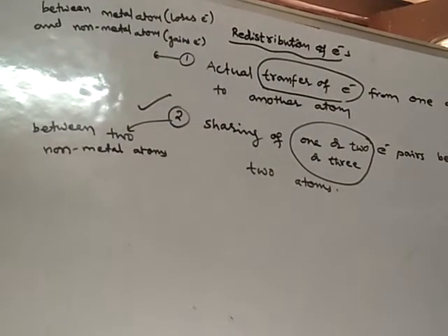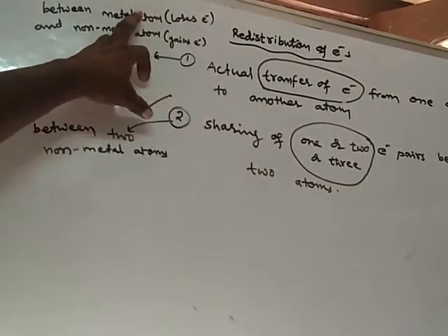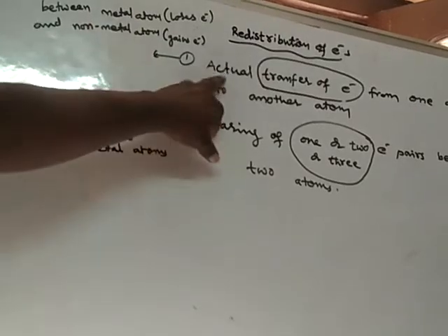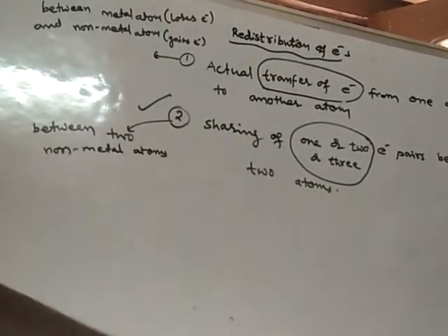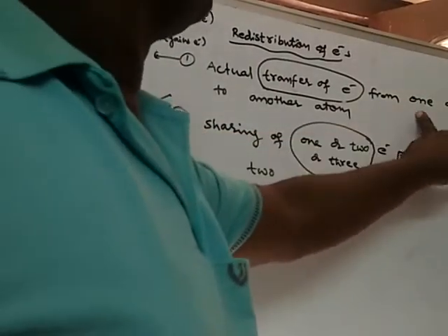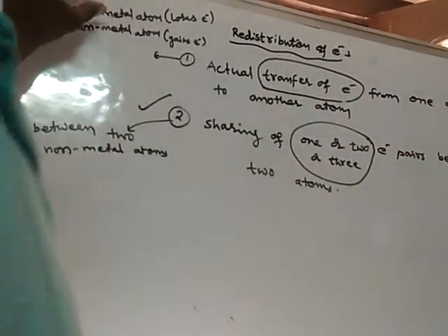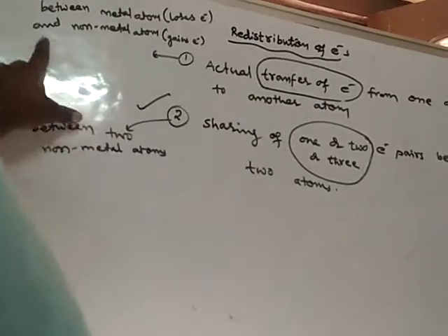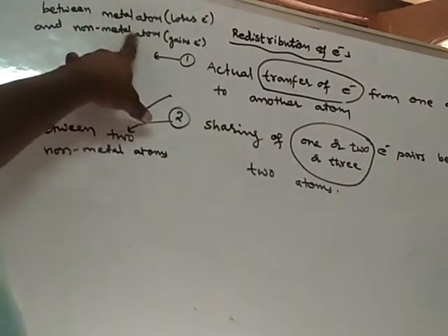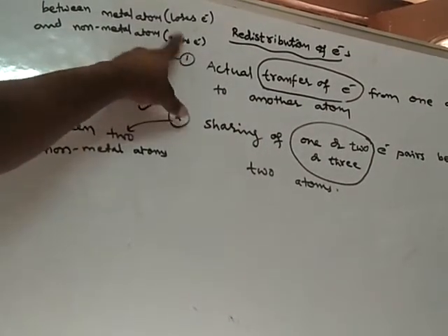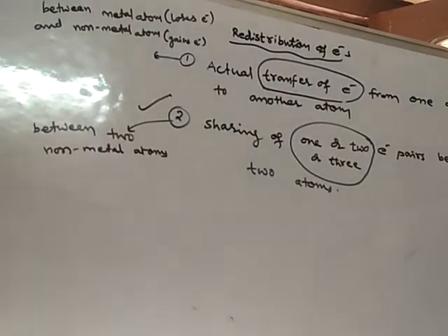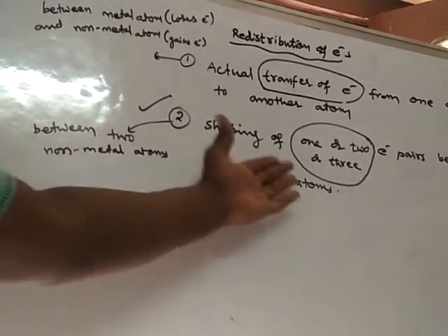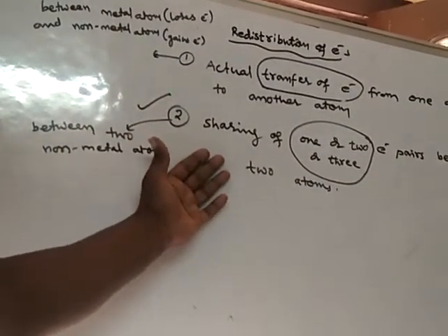So this is the condition, because only metal atoms can lose electrons. So actually, transfer of electrons takes place from one atom, that means from the metal atom, to another atom, the non-metal atom, because a non-metal atom gains electrons and a metal atom loses electrons. So sharing of electrons, this is the second method.